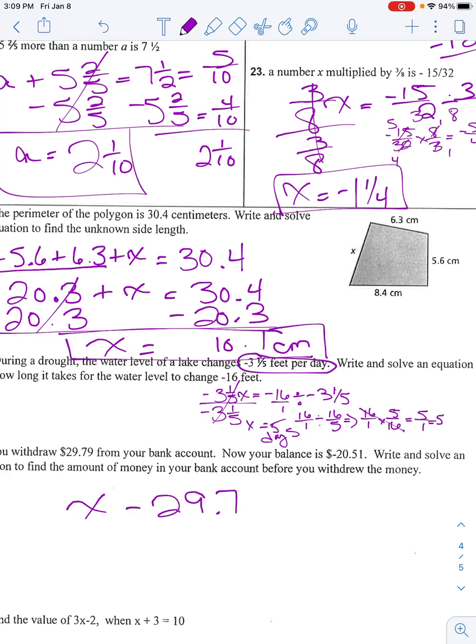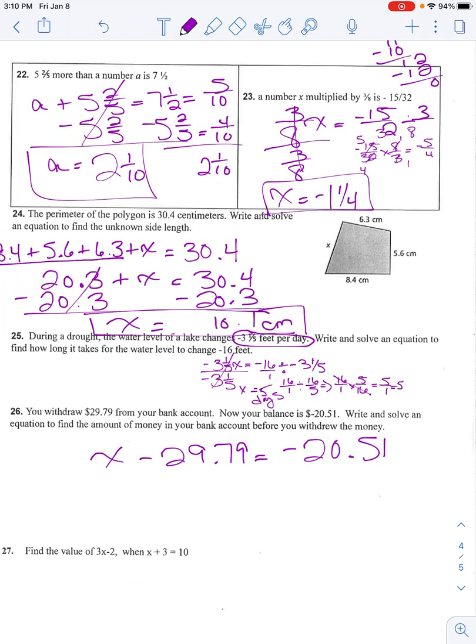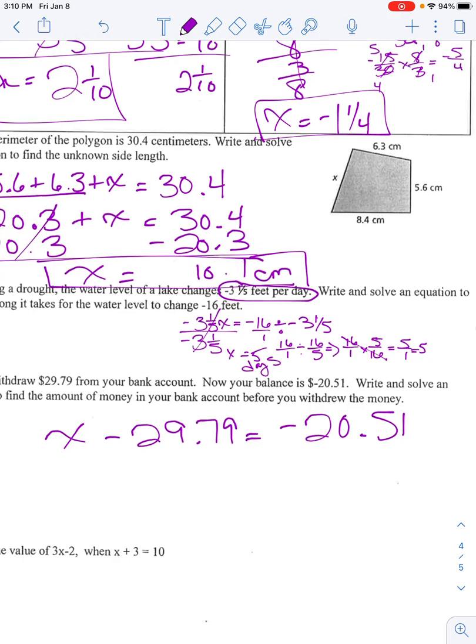Because I don't want a negative variable. X minus the $29.79 gives me -$20.51. There we go. Because we're withdrawing it, so we're taking it out. Okay, I'm sorry. X minus the $29.79 equals -$20.51.